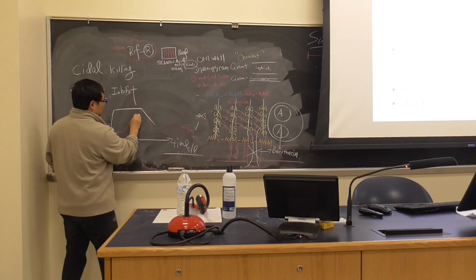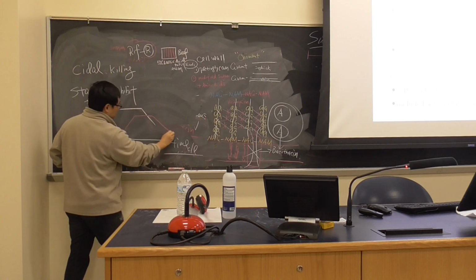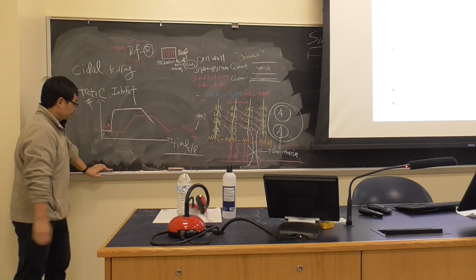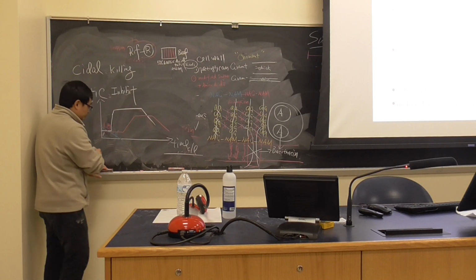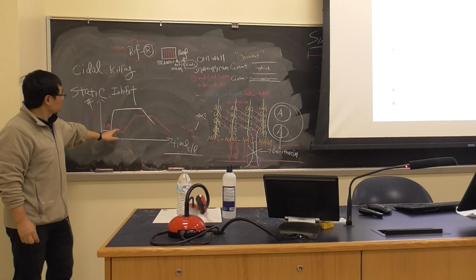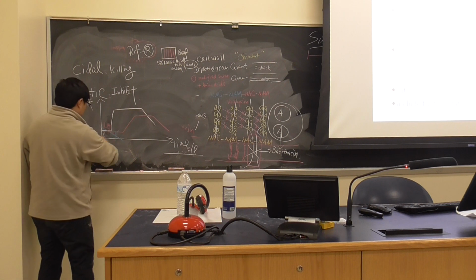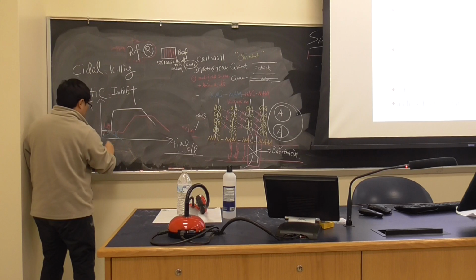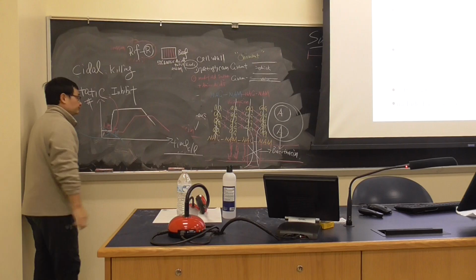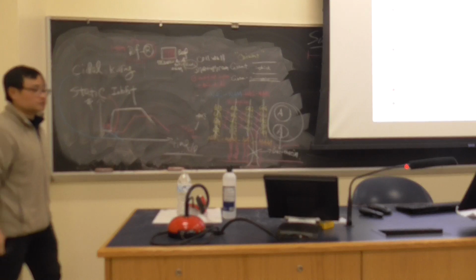They may grow later on, but not that high. It goes here. What does killing bacteria mean? The curve goes here. That's killing bacteria. This is cidal, and this is static.